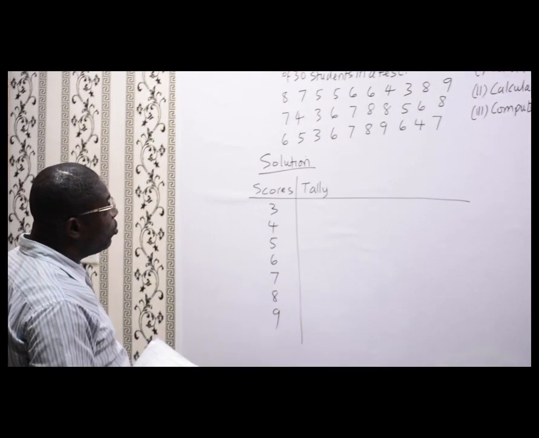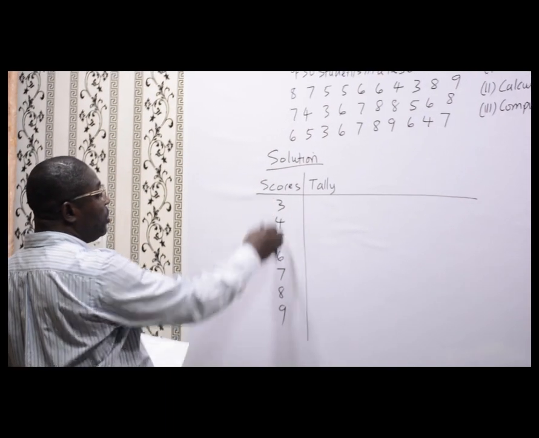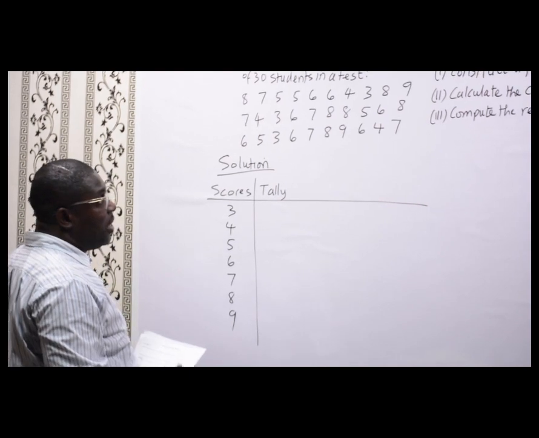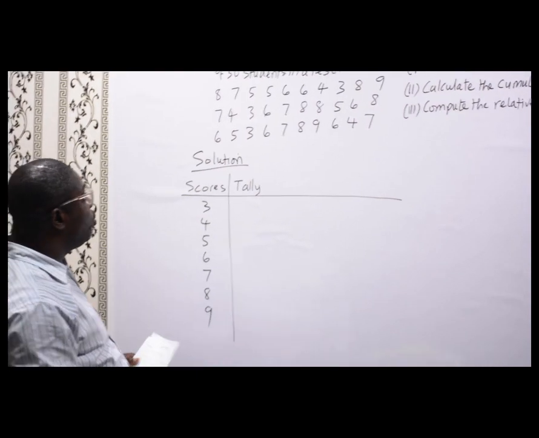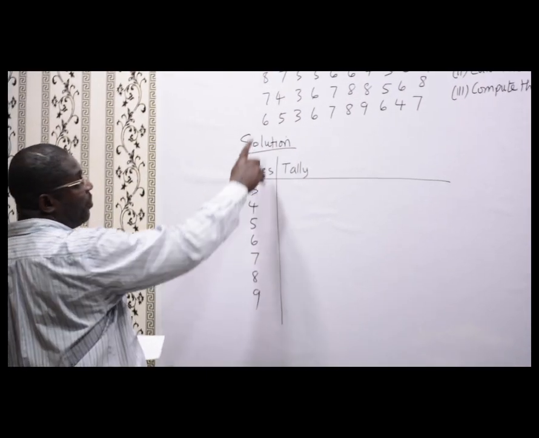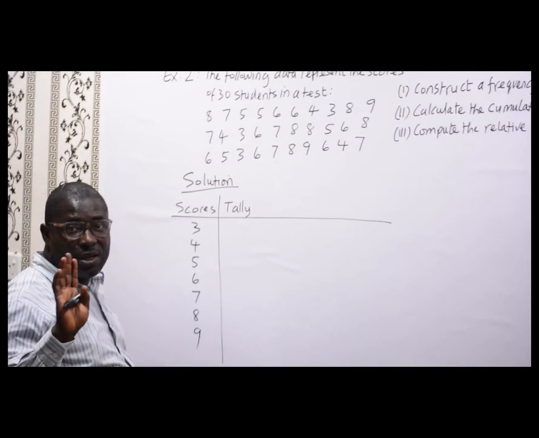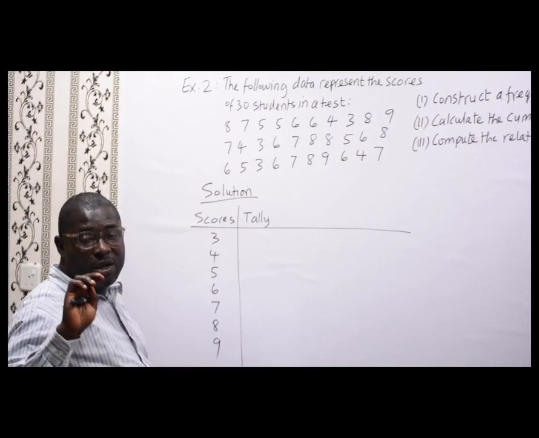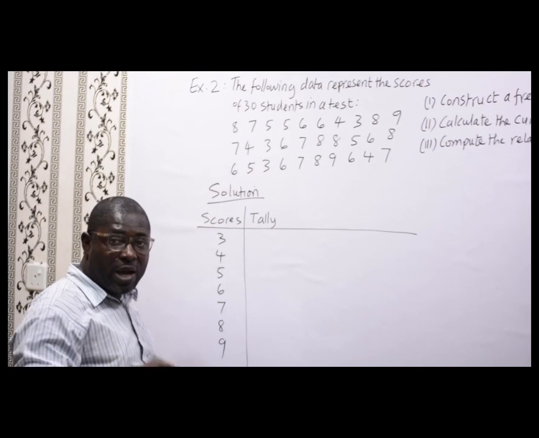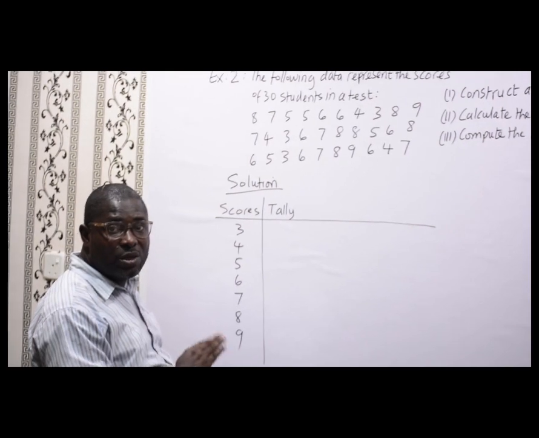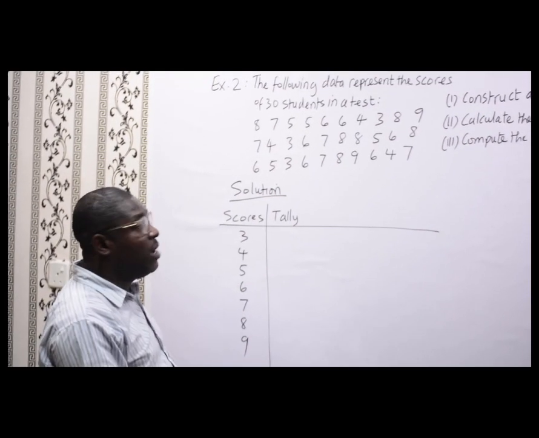So let's begin to represent each of these scores in a tally as they appear. Now mind you, if you attempt to look for 3 around and begin to record, you are going to make a mistake. You are likely going to overcount or undercount, and then you get confused. So use this tally method to represent each count and to be faster.